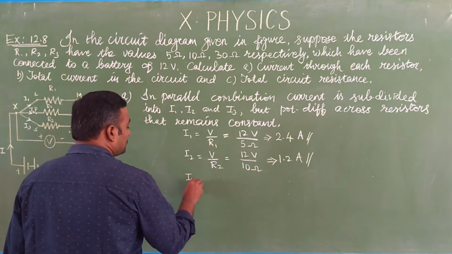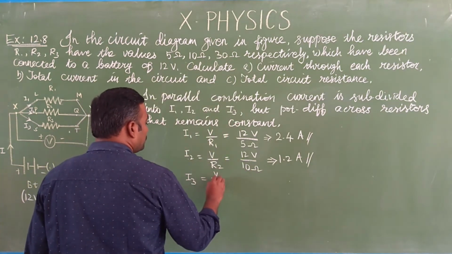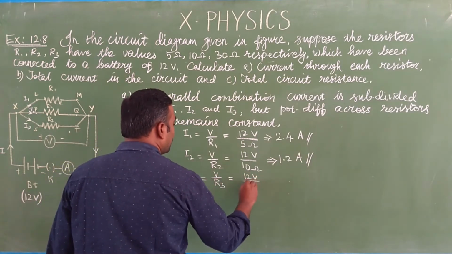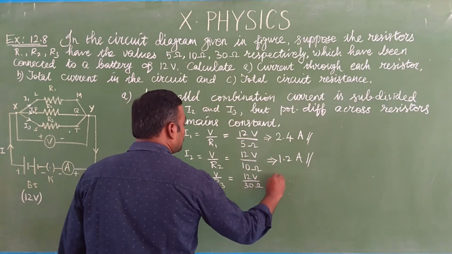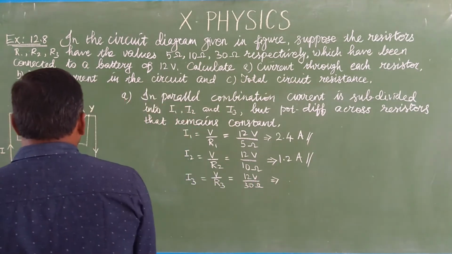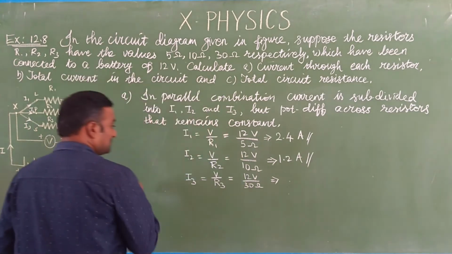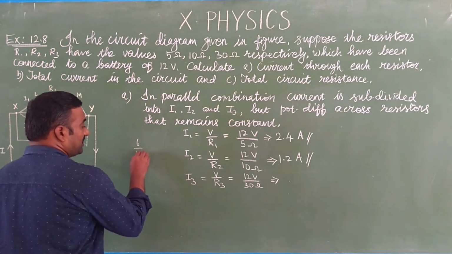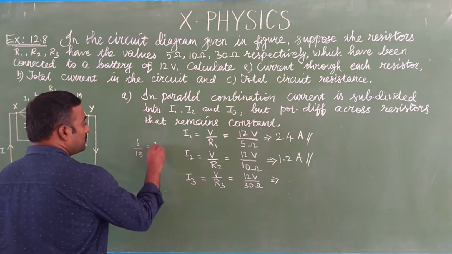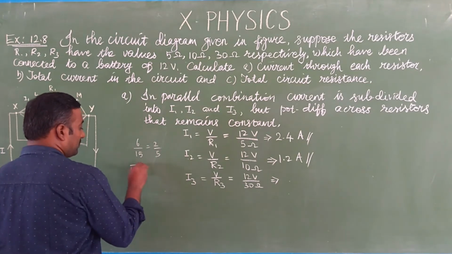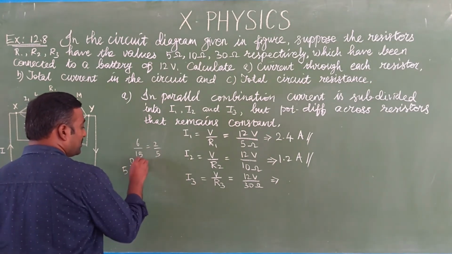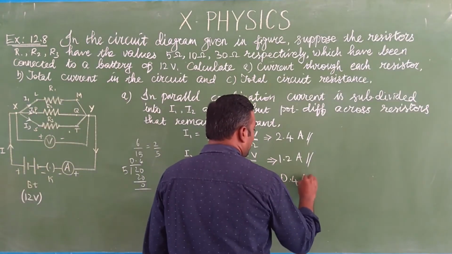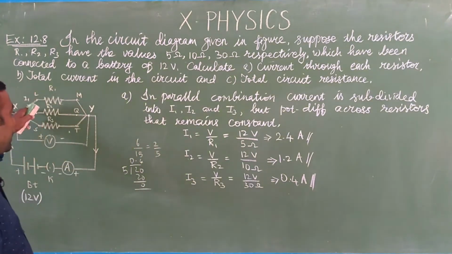Similarly, the current through resistor R3, I3, is V by R3, that is 12 volt by 30 ohm. 12 by 30 is nothing but 2 by 5, which is 0.4 ampere. So we have calculated the currents I1, I2 and I3.